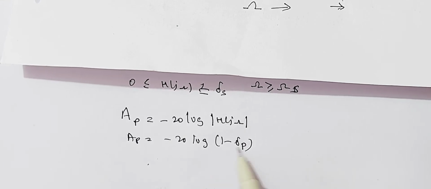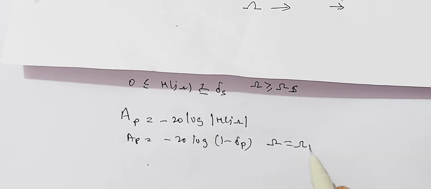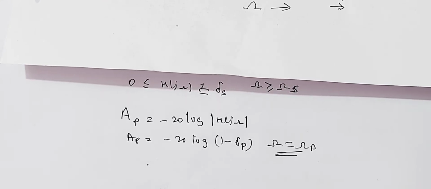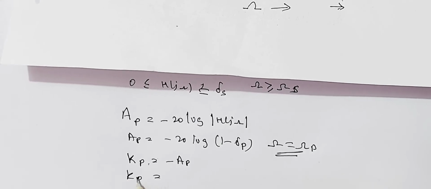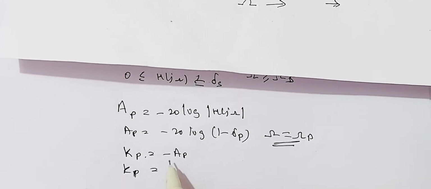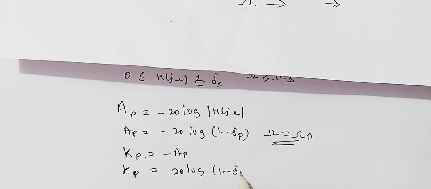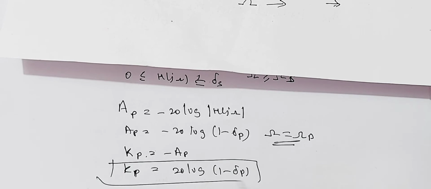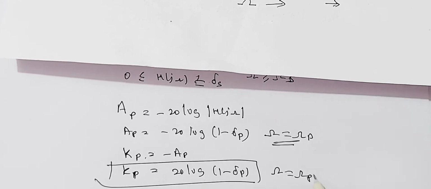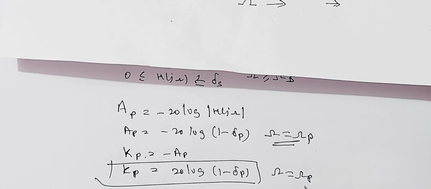Since delta P is very small, this is almost equal to 1. This is the pass band value, for frequency omega up to omega P. And gain is represented by K_P, which is given by minus A_P. Therefore, K_P, pass band gain, is equal to minus A_P. A_P is minus 20 log of 1 minus delta P. Minus of minus is plus, so you get 20 logarithm of 1 minus delta P. This is the pass band gain for omega equal to omega P, that is for the pass band frequency.